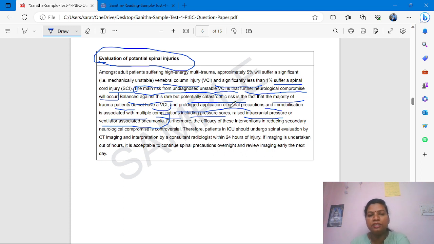If we don't find any spinal injury, there is a chance of worsening of the condition. Furthermore, they are elaborating.